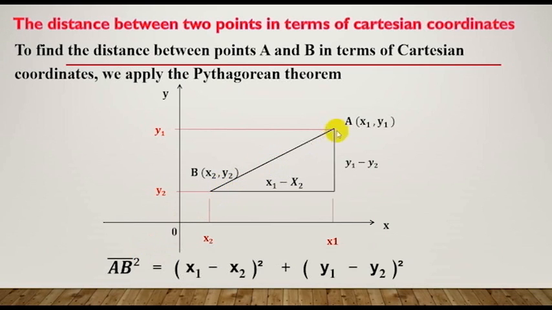So the distance squared equals the x difference squared plus the y difference squared. That is an easy way to get the length of that straight line.